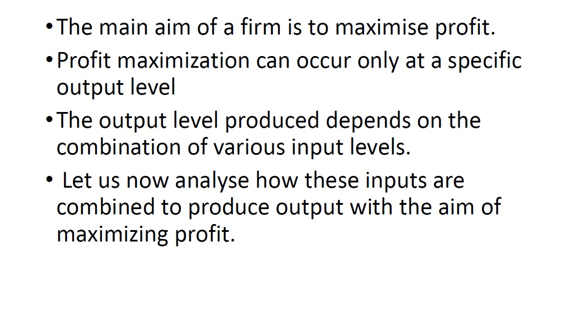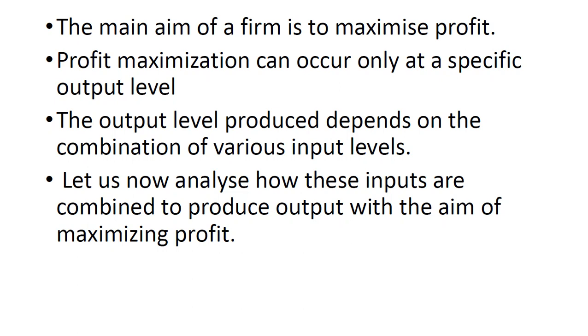So we will now look at how firms combine inputs in order to produce an output. It must be emphasized here that when firms are producing, they are looking at the minimum amount of inputs they can use to produce some given level of output.